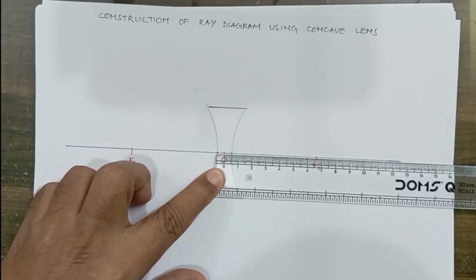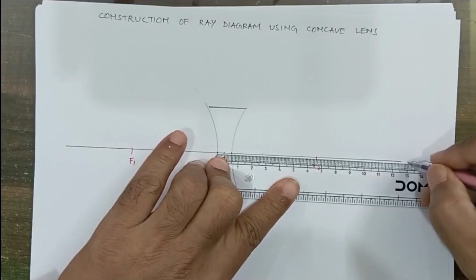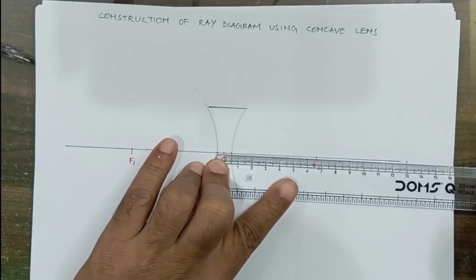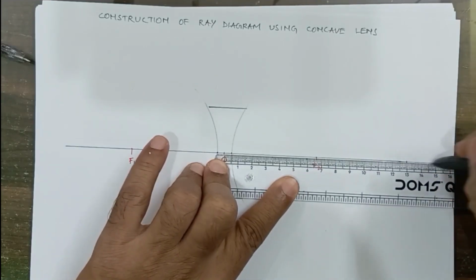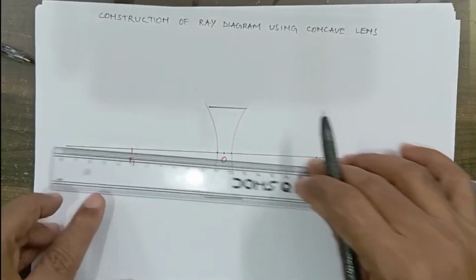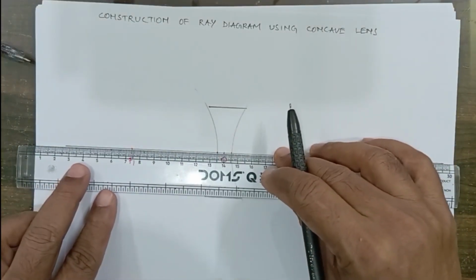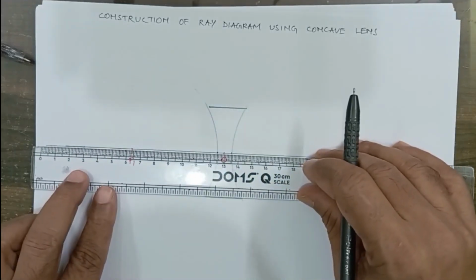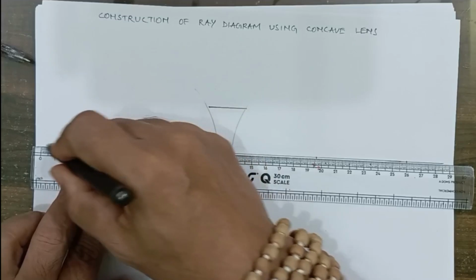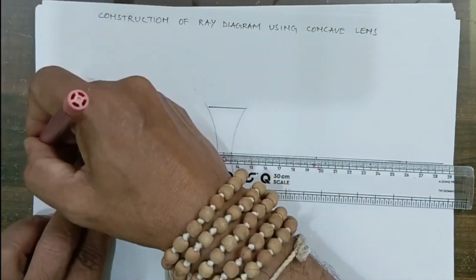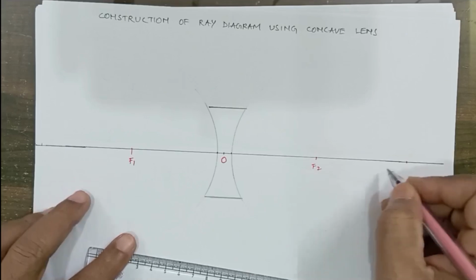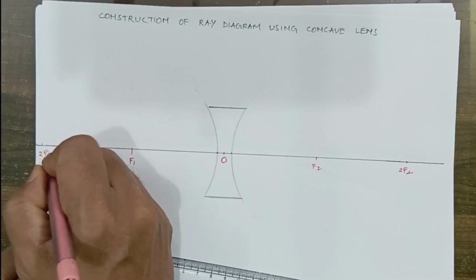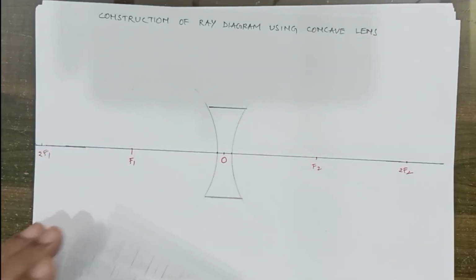So take 13 centimeters as your second focal point. Let me extend the principal axis beyond the second focal point, and the same thing on the other side. So 13 centimeters. This is your second focal point on the right side, and this is your second focal point on the left side.